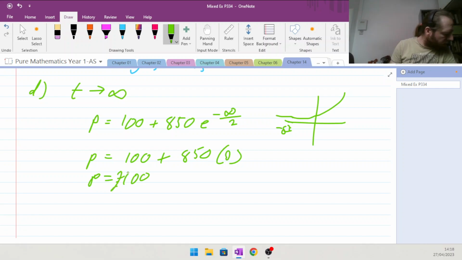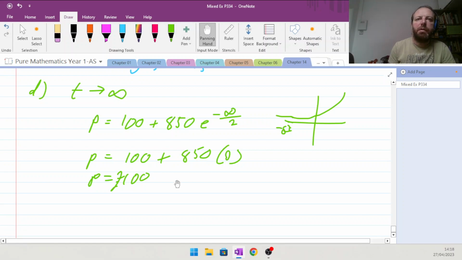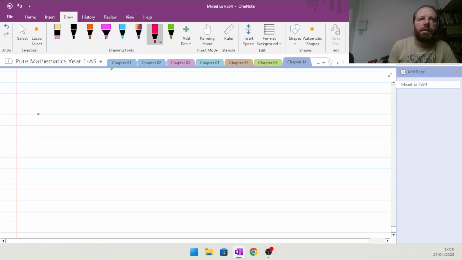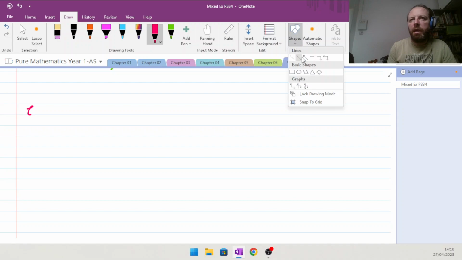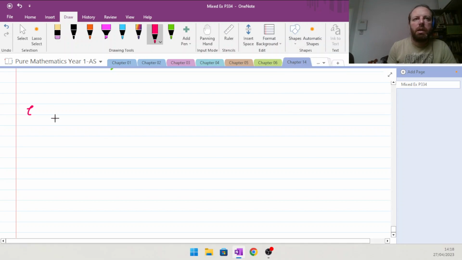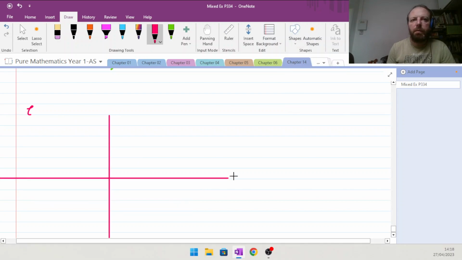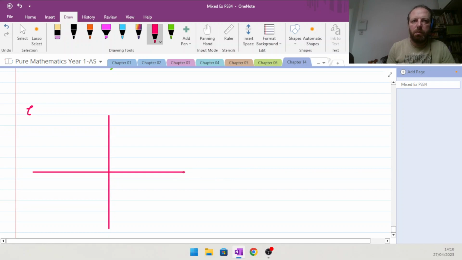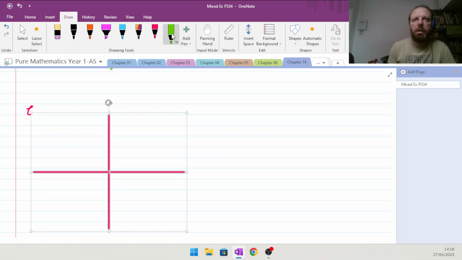Okay, sketch the graph showing P against t. I just did it there. I better do it a bit better, I suppose. So if we have an axis like this, we can have price on here, we can have t on here.